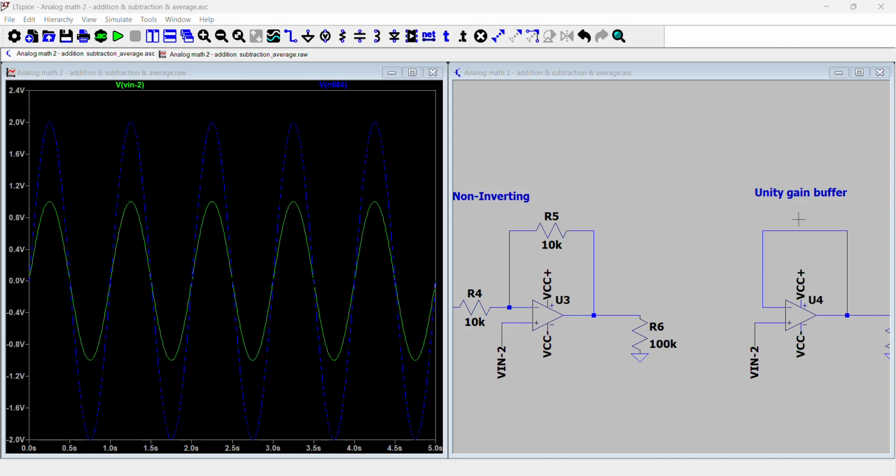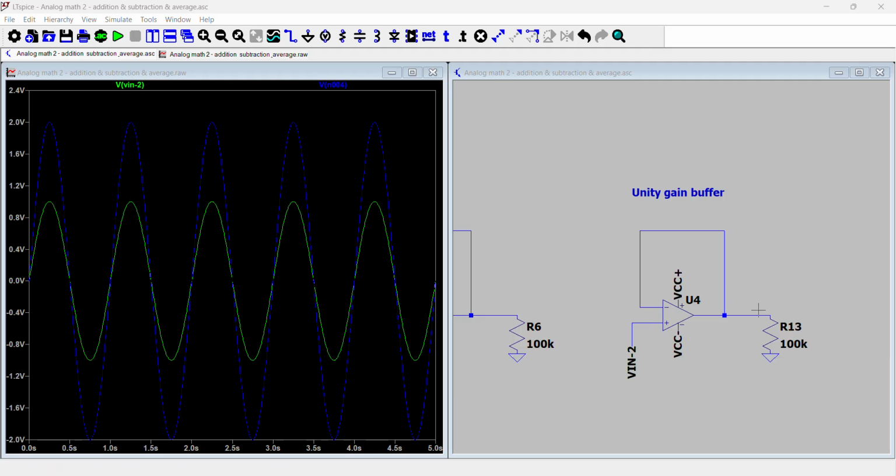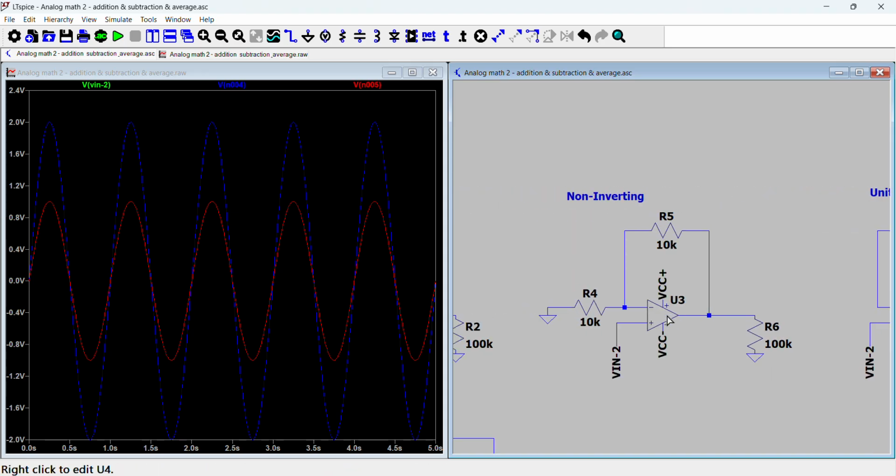And this becomes a short circuit, which is like this. So in this example, the output is exactly the same as the input, as you can see here. Exactly the same as the input. And the input and output impedances are infinity and 0. So we can put this as a buffer stage on other circuits.